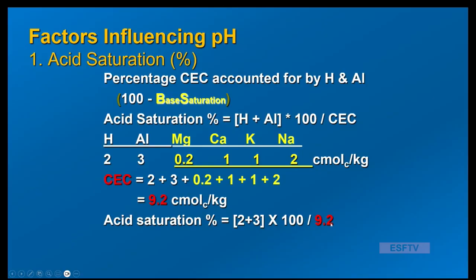So here is our formula to compute acid saturation for these lab data. If we run that calculation, 5 over 9.2 is 0.543, multiply times 100, 54.3%. So there's the acid saturation for this particular sample, 54.3%.